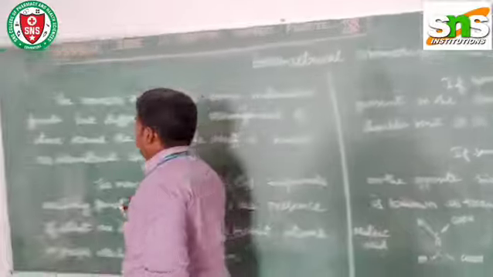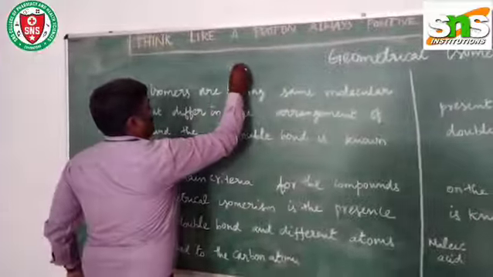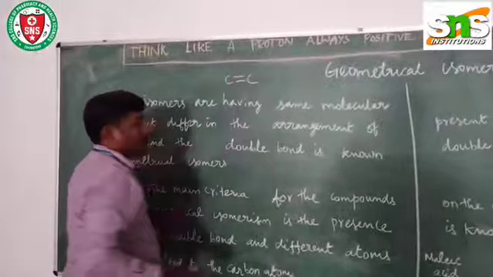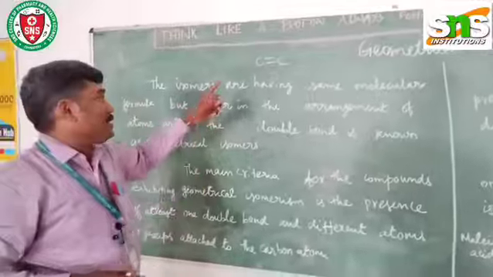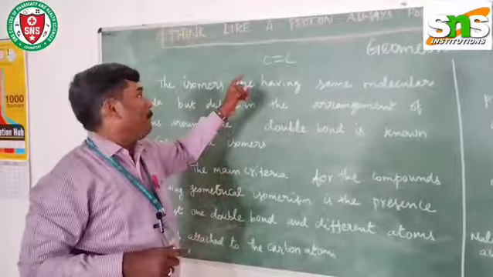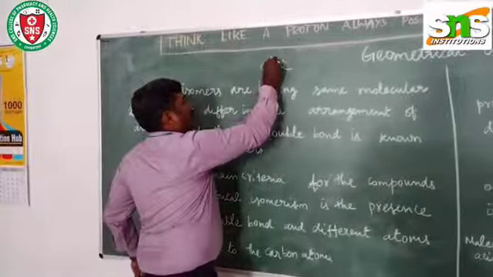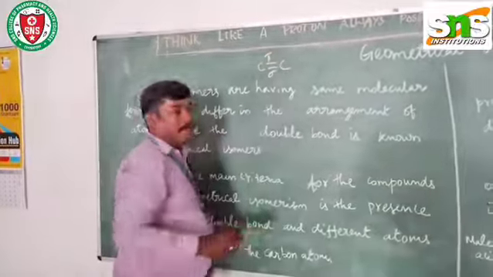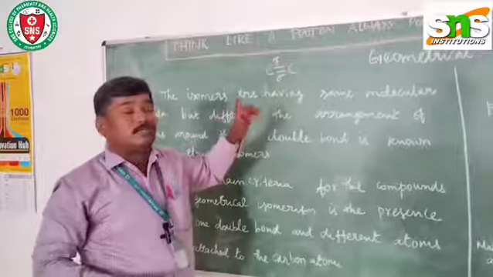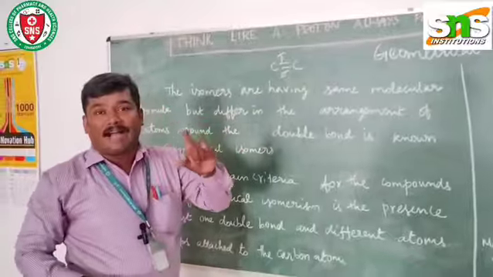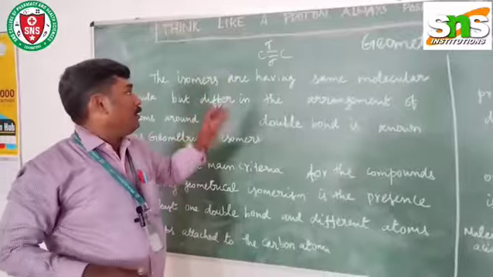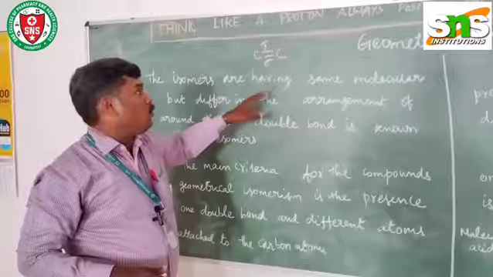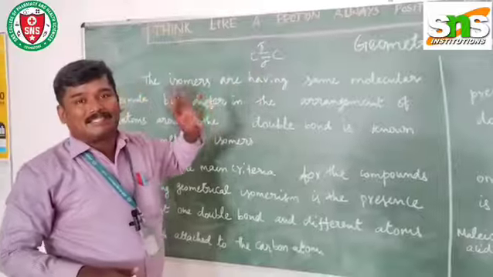Normally you will know that a carbon-carbon double bond contains one pi bond and one sigma bond. This pi bond is formed by overlapping of the p orbitals. So the rotation around the double bond is restricted.